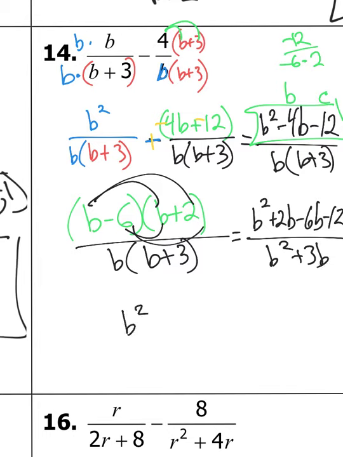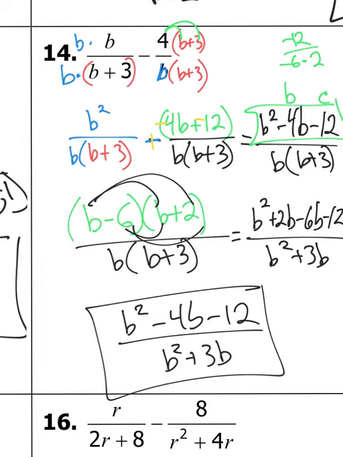So my final answer is b squared minus 4b minus 12 over b squared plus 3b. Again, I know some of you are saying, didn't we pretty much have the answer here? Yeah, we did. But it's always nice to factor just to see if something was to cross out. Because if this was b plus 3 or something up top here, then you could cancel some stuff out. So it's always good to check and make sure that you got the right answer.